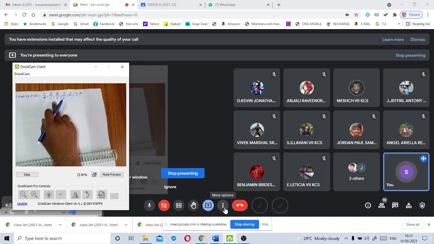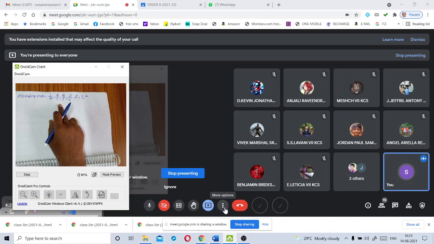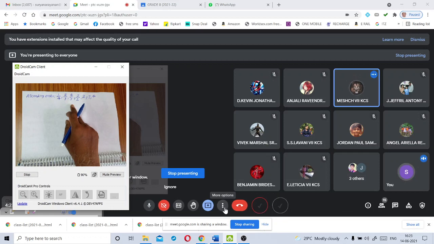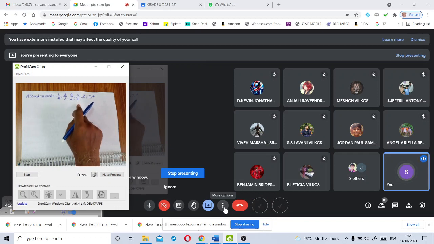And I will post this classwork notes in the Google Classroom. Please find these classwork notes and write them and submit. I will post these classwork notes in the form of PDF in the Google Classroom today itself. By today night, I will post it.